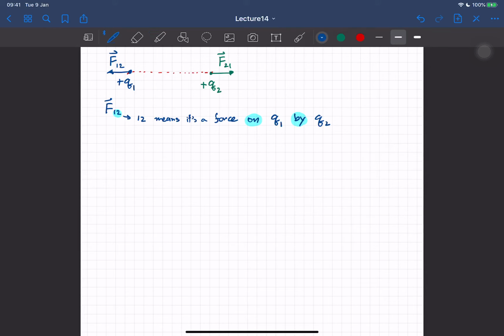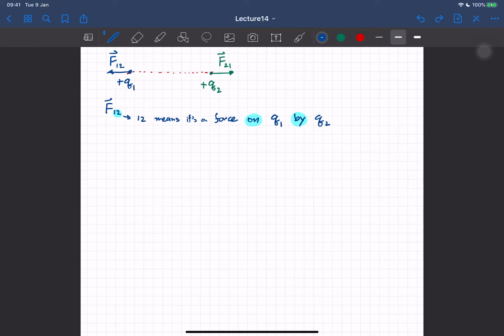This is what we mean by F12. It's the force on Q1 by Q2. If we remove Q2, this force will be gone. That's what we see in experiment.